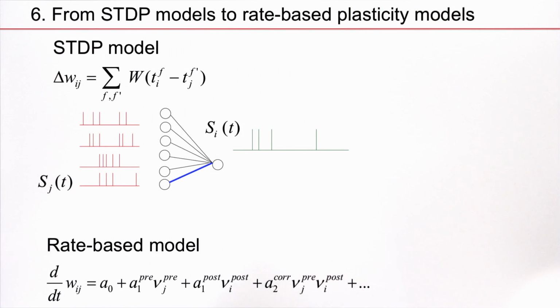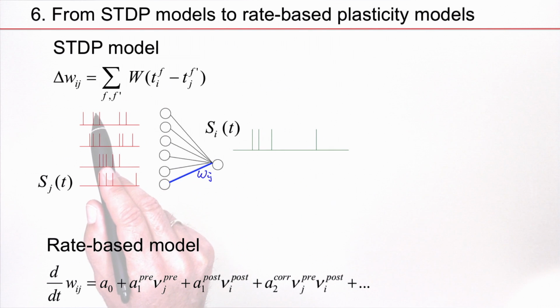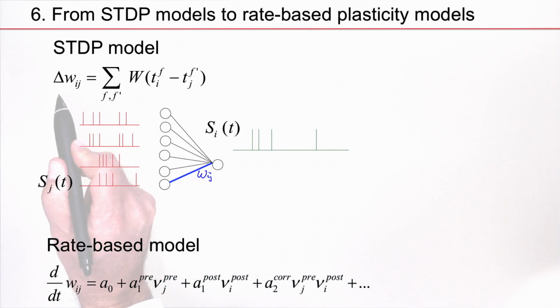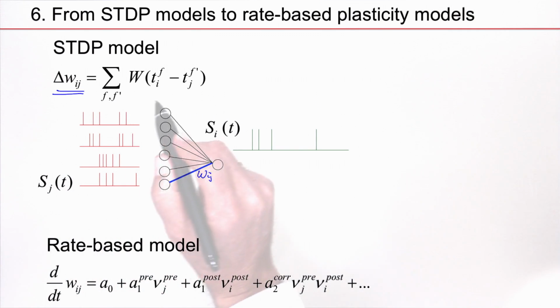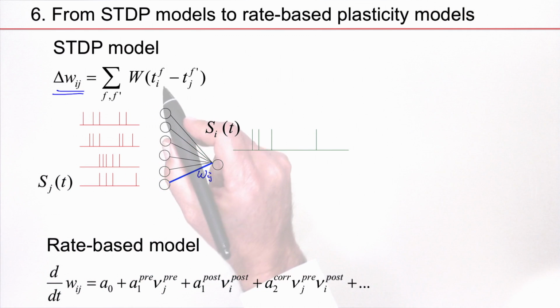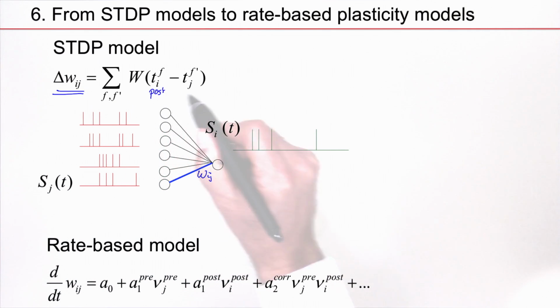So let's look again at the STDP model. We look at a synapse from a presynaptic neuron j to a postsynaptic neuron i, and this synapse has a weight w_ij from j to i, and this weight will change by an amount delta w_ij, which depends on the timing difference, t_i^f, that's the postsynaptic spike, minus t_j^f', that's one of the presynaptic spikes.